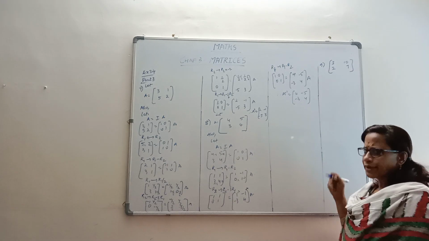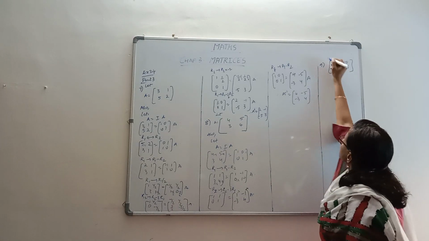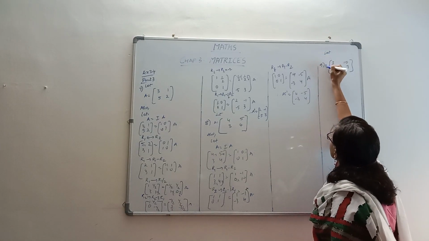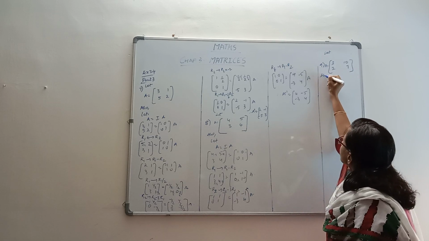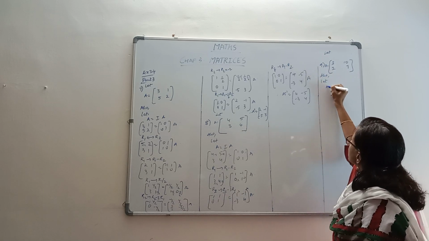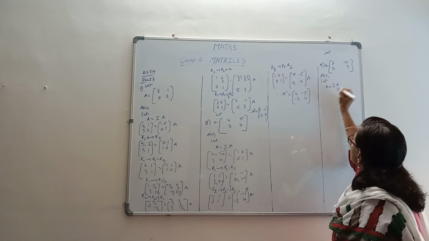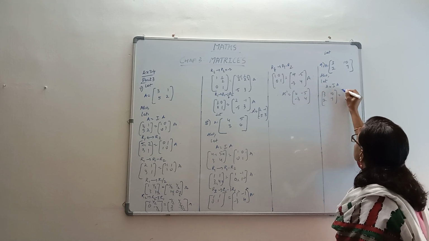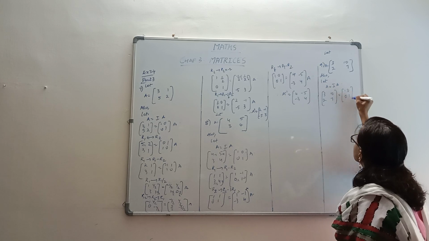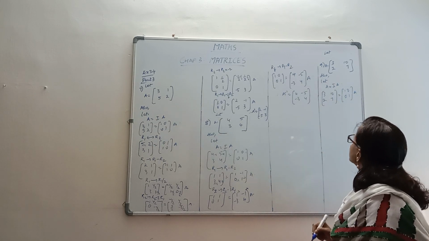Right way. Let's put the next problem also. This is our A. Let A be this. Also let A be equal to IA. Right.